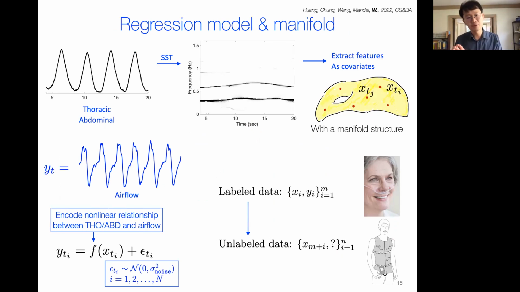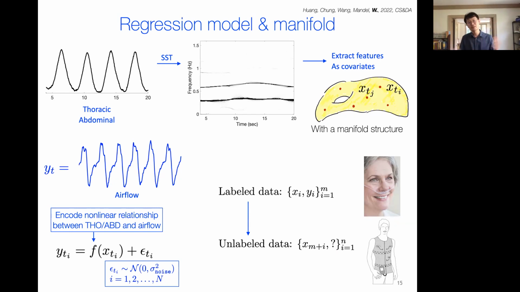And to make it work, we are not really the first team working on it. Physicians have thought about it, but they use basic linear regression ideas to do it. And we just try to improve that by taking the nonlinear structures into account and designing a more sophisticated algorithm in this project.